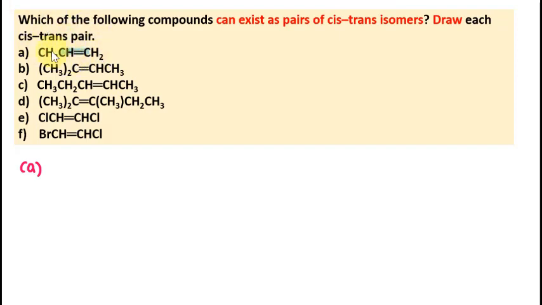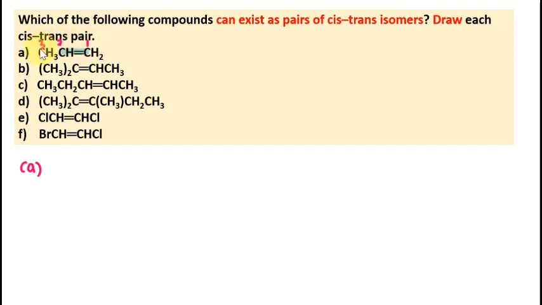This is a condensed structure, and in a condensed structure it's quite difficult to check whether our carbon-carbon restricted rotation is bonded to two different atoms or not. So in order to check whether this compound fulfills all the requirements to exhibit cis-trans isomerism, let's label our carbons.